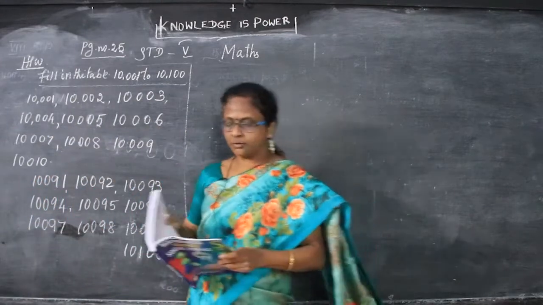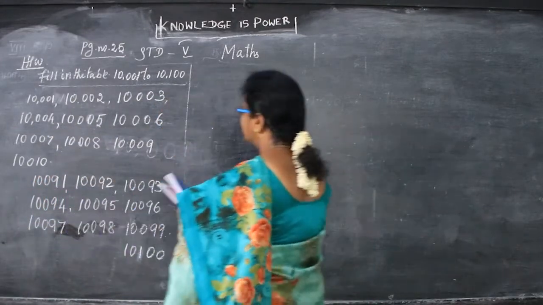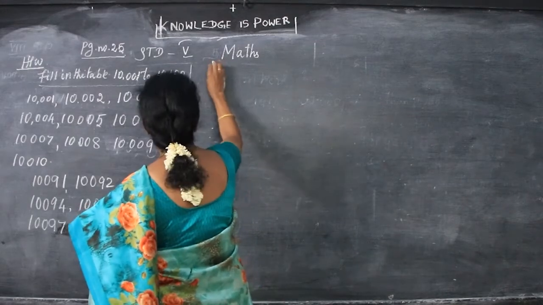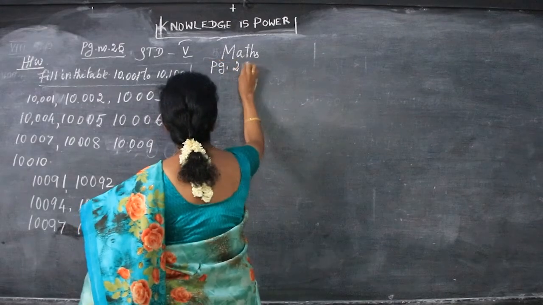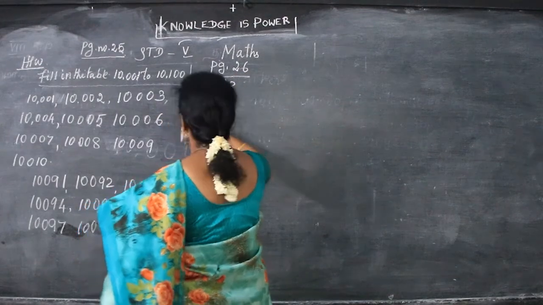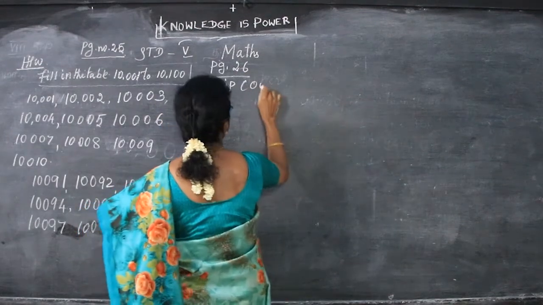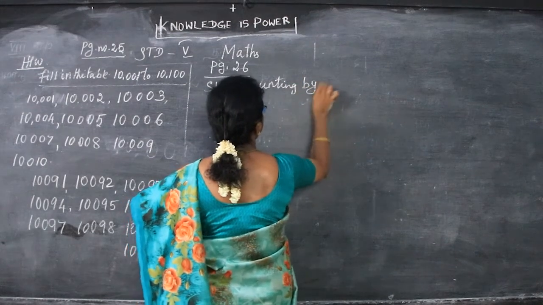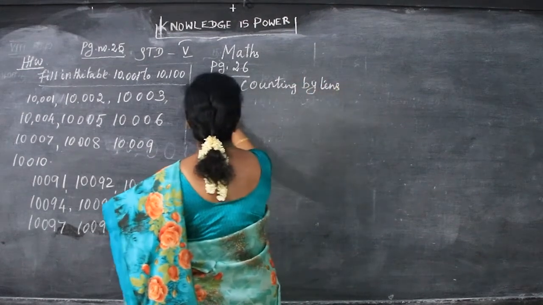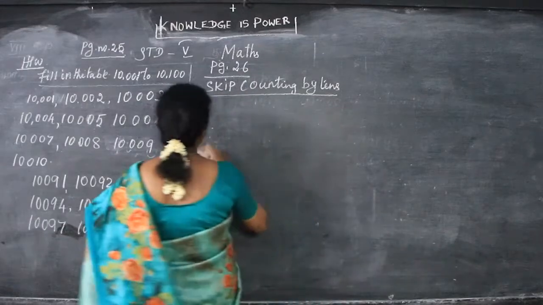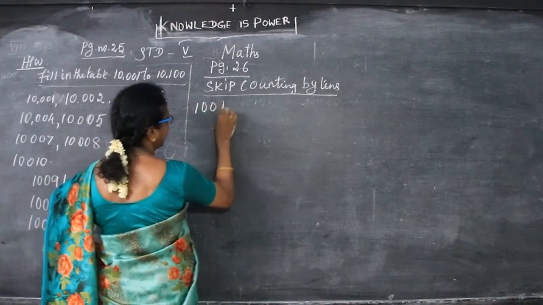Now we'll move on to the next page. Next one is skip counting by tens. In page number 26, skip counting by tens. You have to skip by tens and write. Skip counting by tens. The same 10,000. So you have to write 10,010.